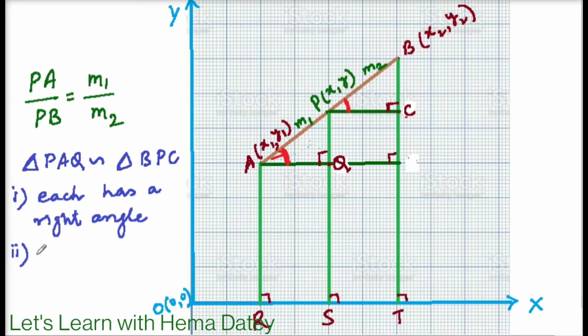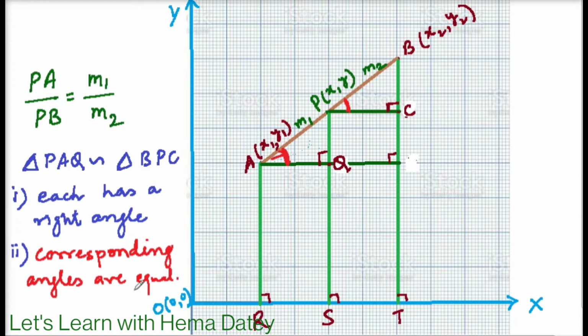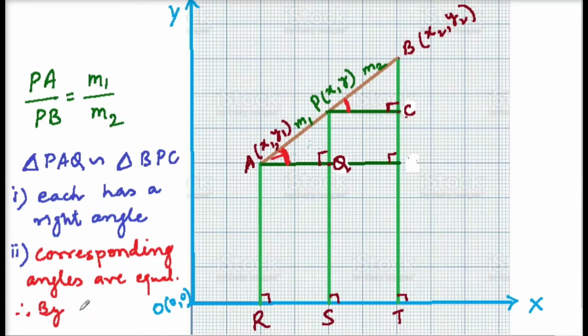Now let's see, is there any relation in their second angle? We can see that angle A and angle P, they both are corresponding angles. So both the triangles have again one more angle equal. Angle A and angle P are equal since they are corresponding angles.